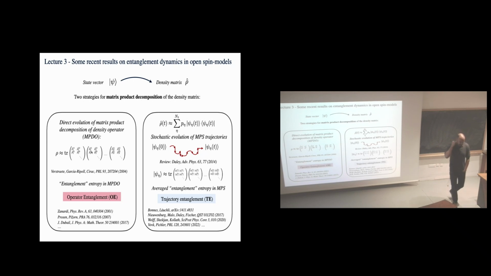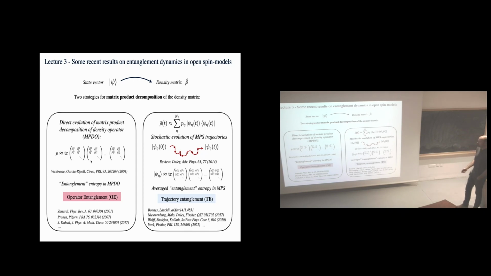And then, of course, I can do the same tricks I did for an MPS. I can do singular value decompositions. From that, I can get eigenvalues of my reduced super operator density matrix, and they're going to give me some entanglement entropy.